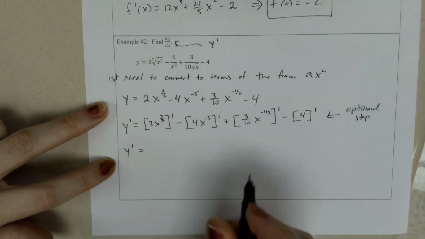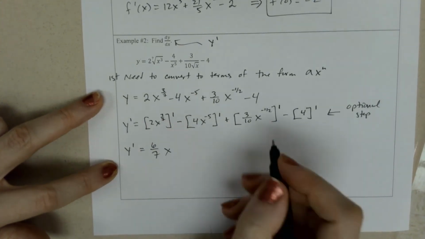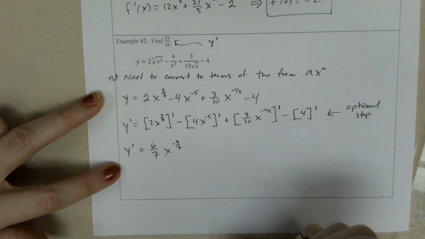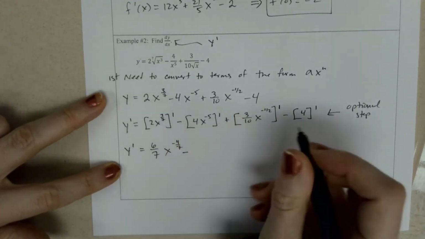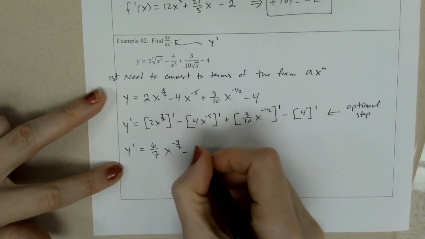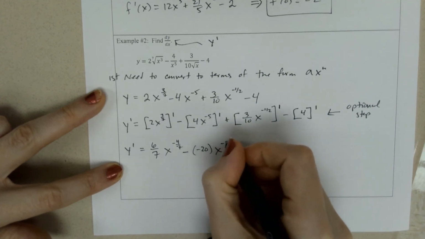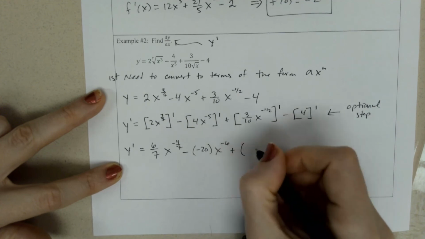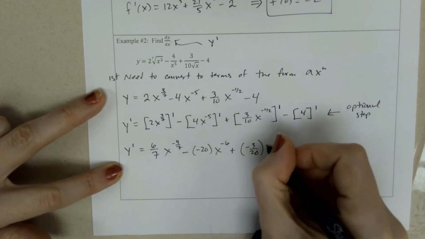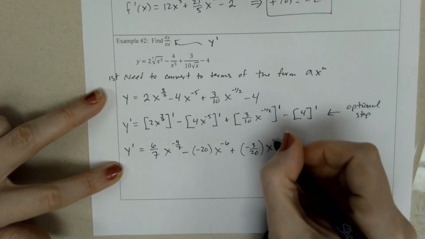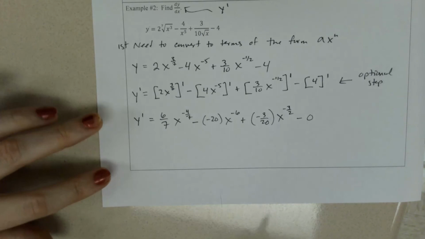So y prime, I multiply the coefficient by the exponent, 6/7 x to the 3/7 minus 7/7 is -4/7, minus, and then that's going to be -20 x to the -6 plus -3 over 20 x to the -3/2 minus 0.